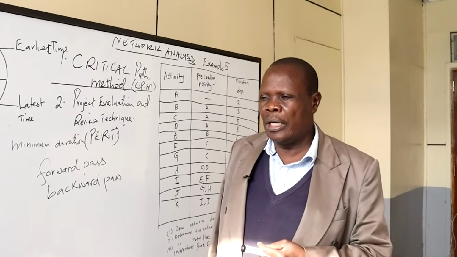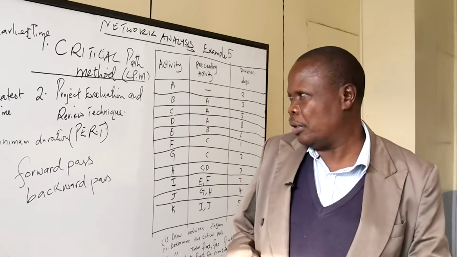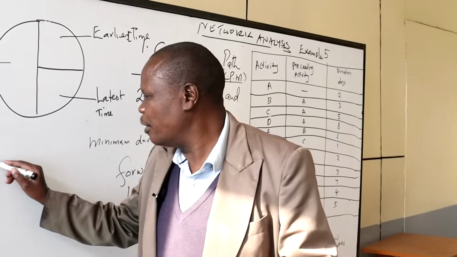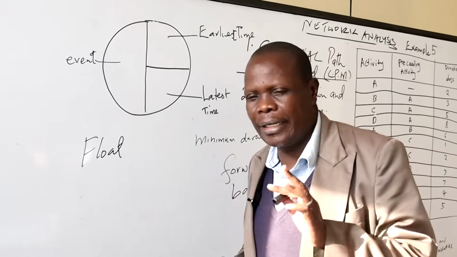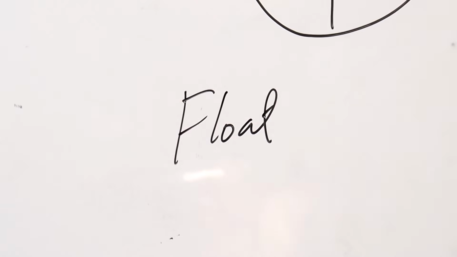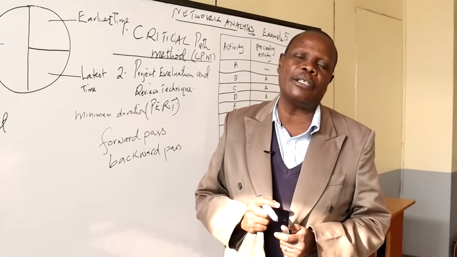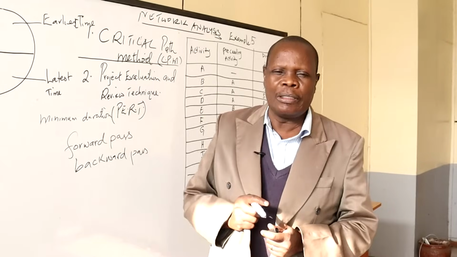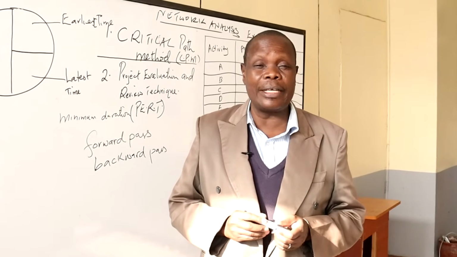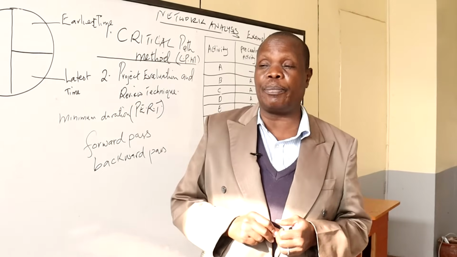So after that, we can even determine the float for non-critical activities. Float is only calculated after you have determined the critical path. And float is defined as the spare time calculated on the activities which do not exist along the critical path.